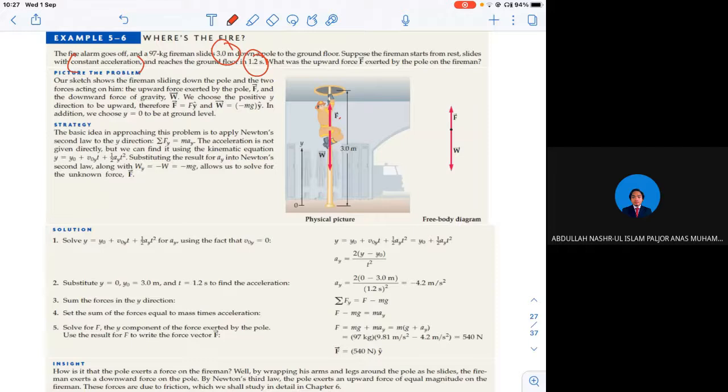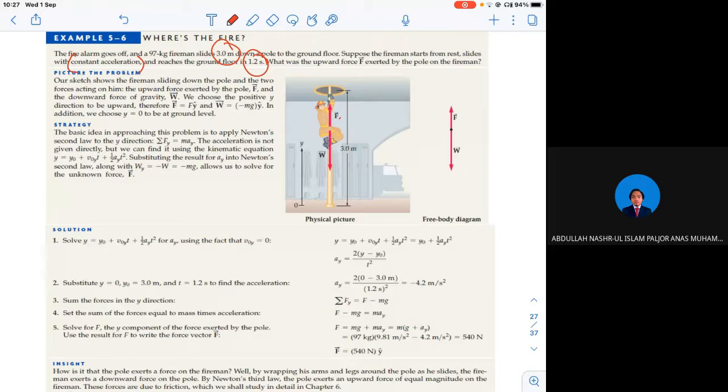Maybe they have a rest area at the upper level, and then they have a fire car at the ground level. So in order to save time, they need to be very fast. They just slide down the pole. So in this question, they will use about 1.2 seconds to reach the ground.